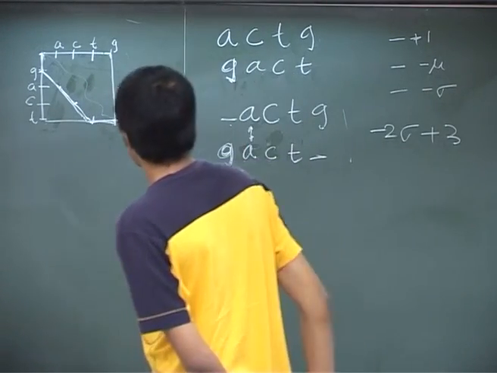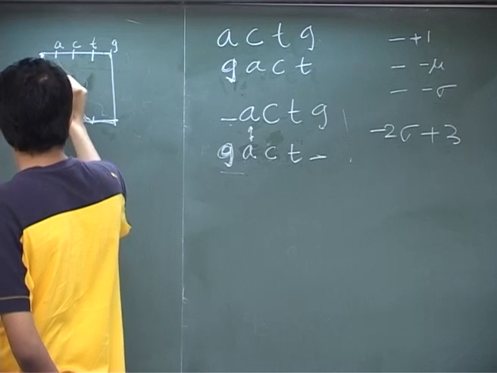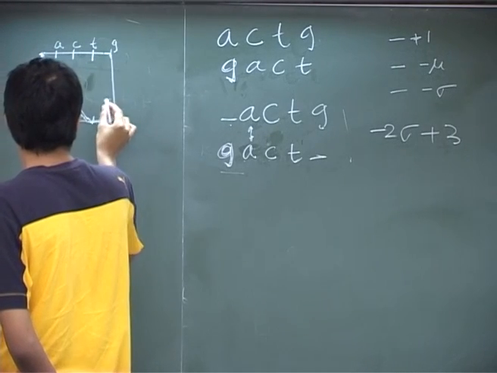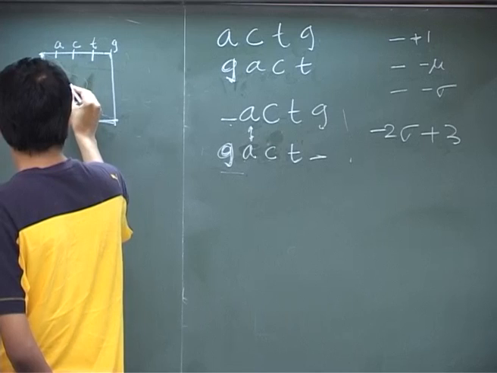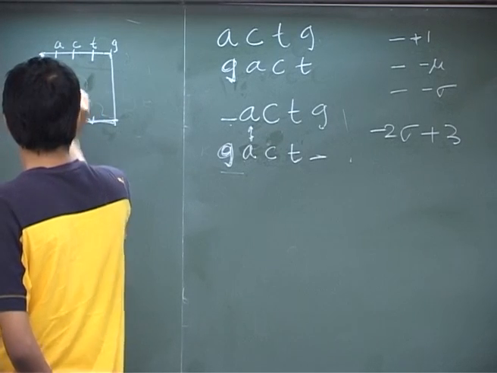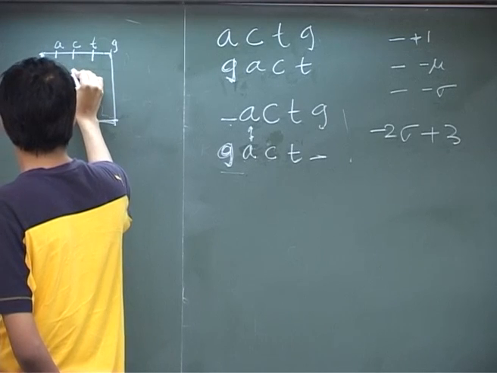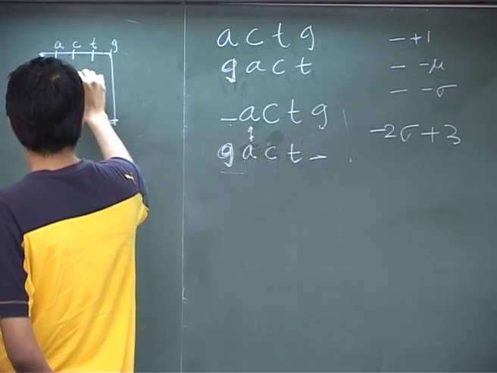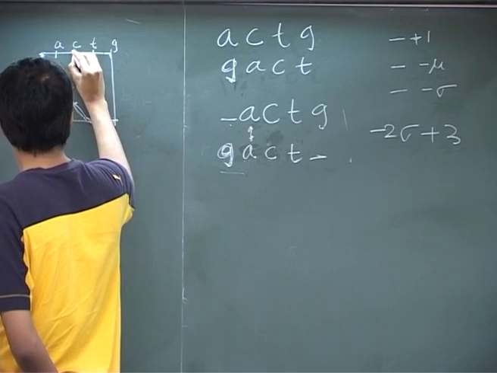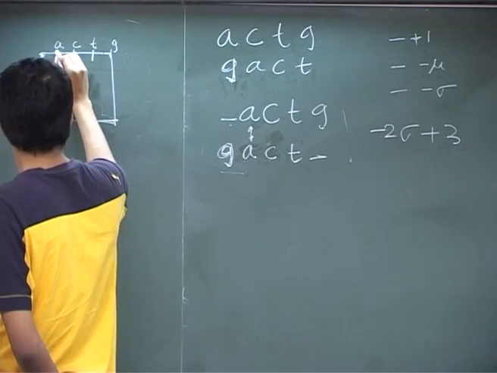In the dynamic programming approach, for every position, say I've got a position here, I can come into this position either from this place, or from this place, or from this place.